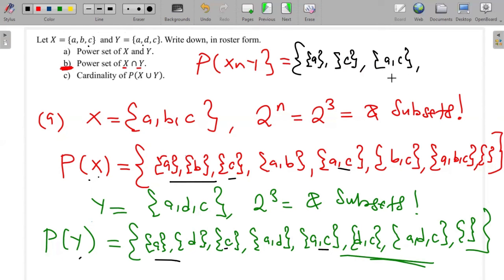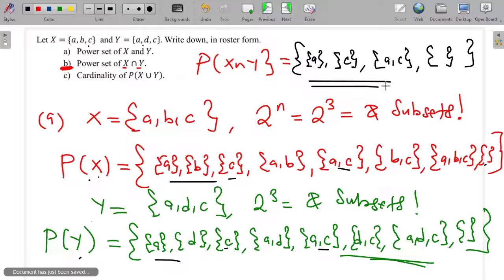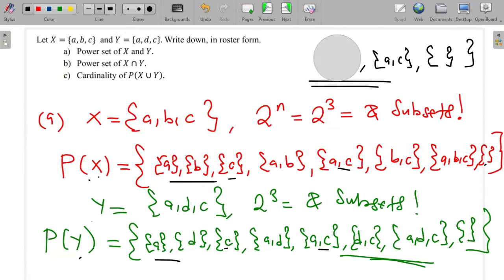Nothing else. So the other set here just has to be the empty set. In fact, that set is common, right? Yes. So this is the power set of the intersection of X intersection Y. Okay, so I'm done with that.